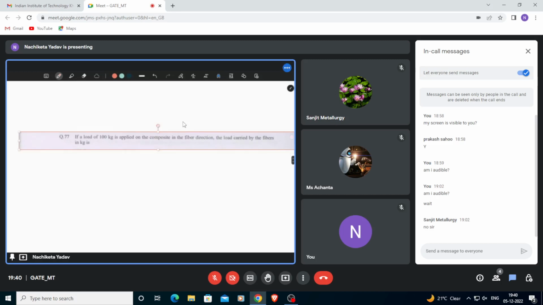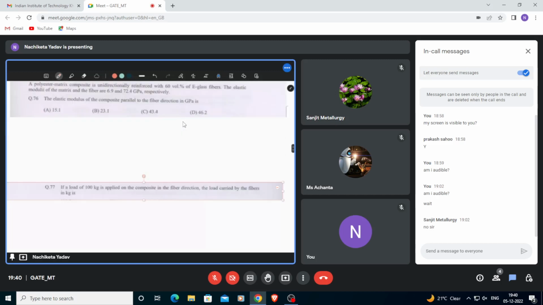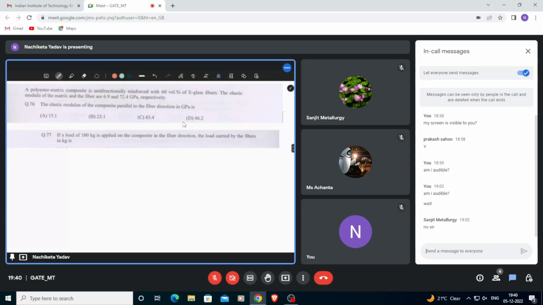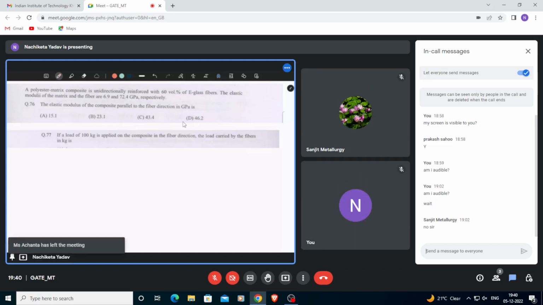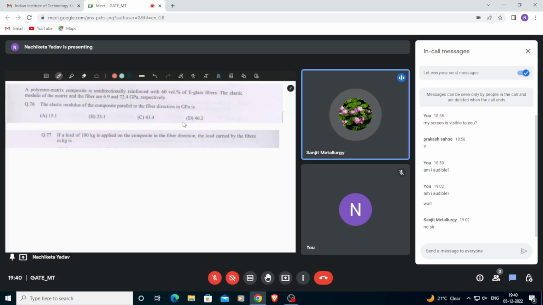Both are the same data. Let me add. 46.2, yes.